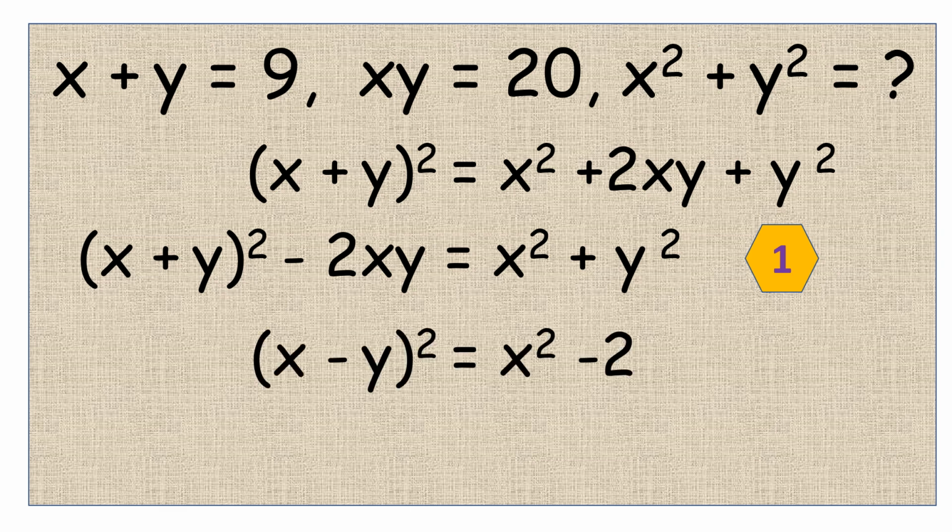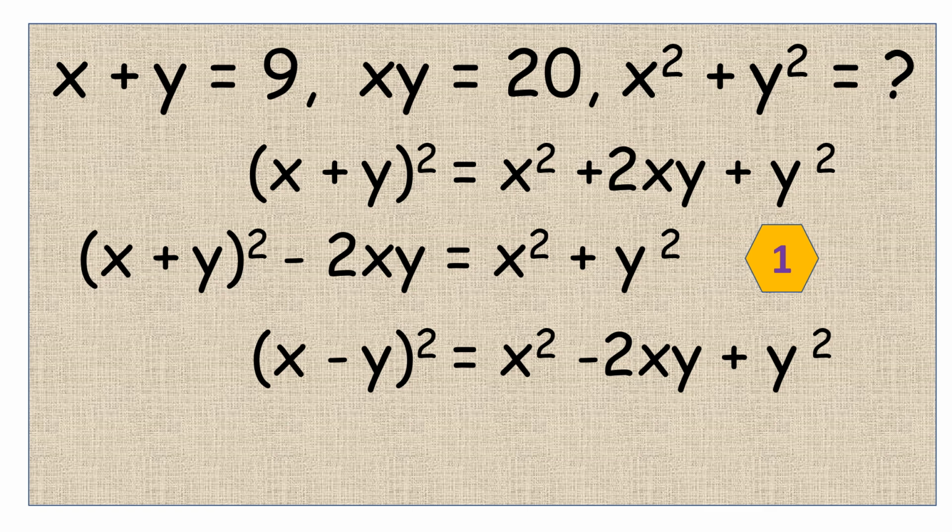Now, let's go ahead and see another form of mathematical expression, which is x minus y all squared, and that gives us x squared minus 2xy plus y squared. Remember, this is x minus y.